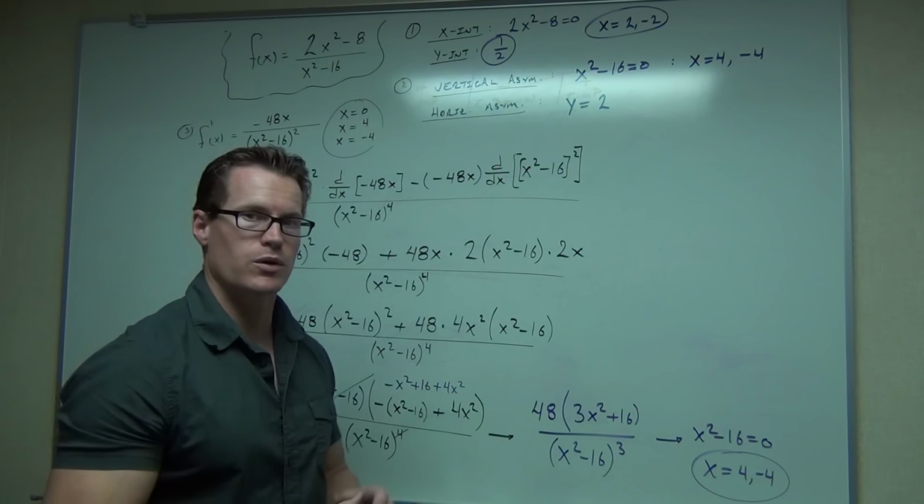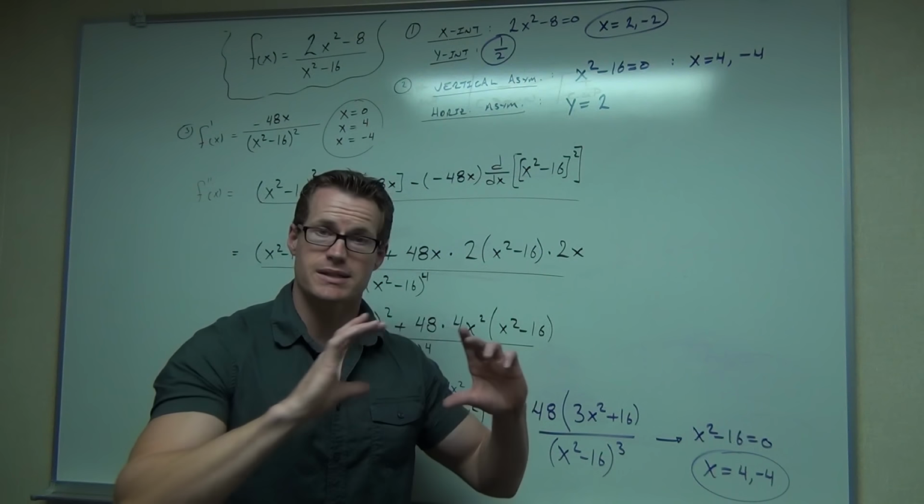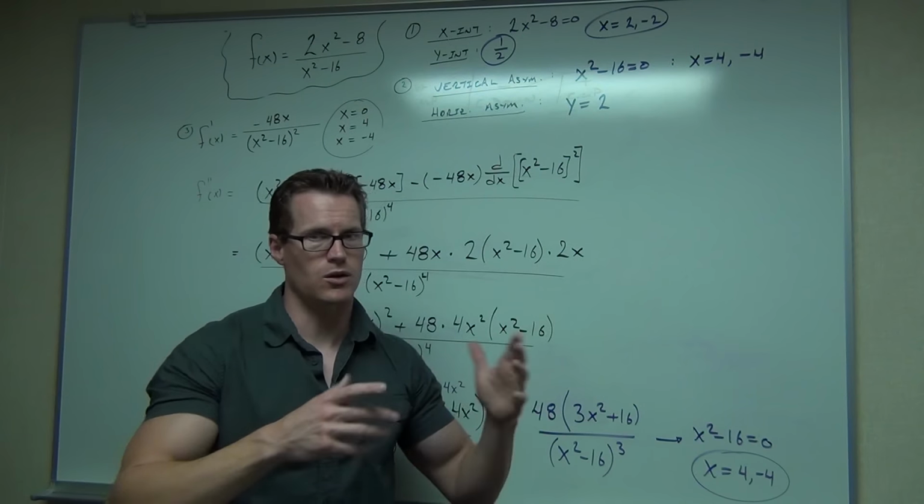I'm going to erase it, and then we're going to talk about step number 5. We'll plug all this stuff in, we'll make a nice table, we'll have the points from our original function in step number 6, and then I'll graph it.